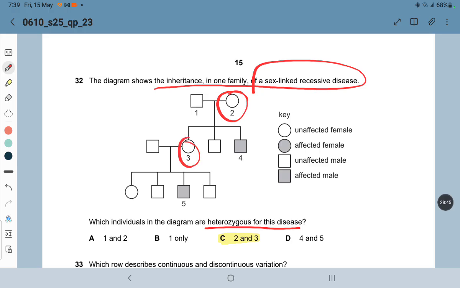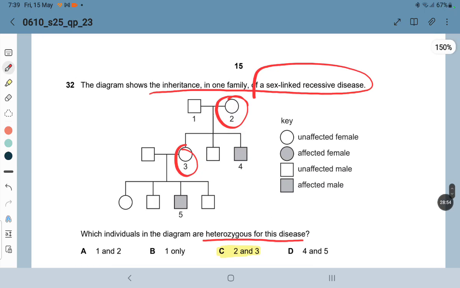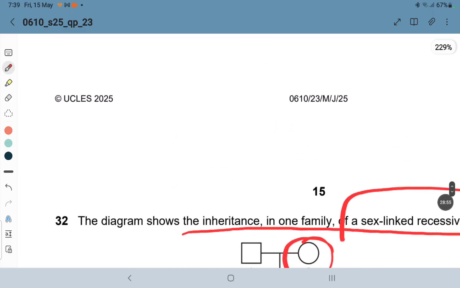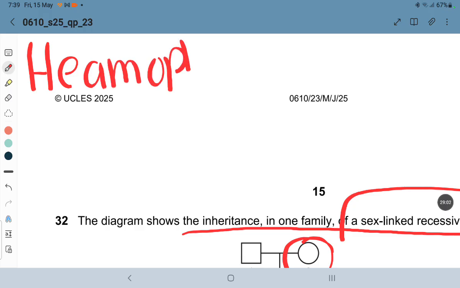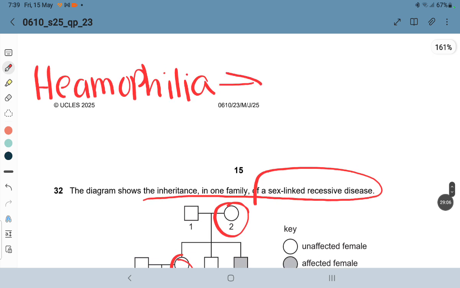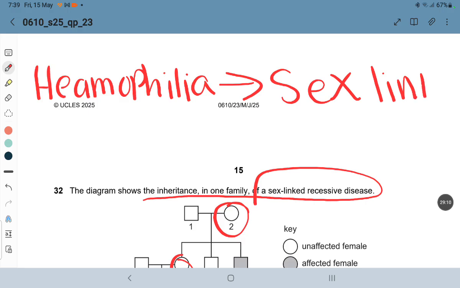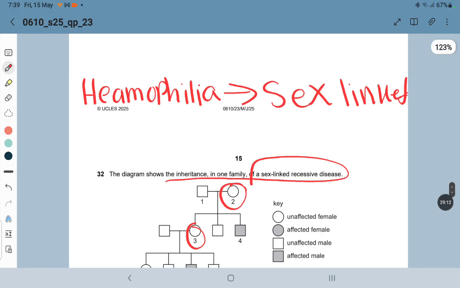You will tell me, but why 2? I will tell you, because sex-linked disease is more commonly found where? It's more commonly found in females, right? For example, take a disease like hemophilia. Hemophilia is in fact an A2 disease, found in the A2 syllabus, and it is sex-linked.